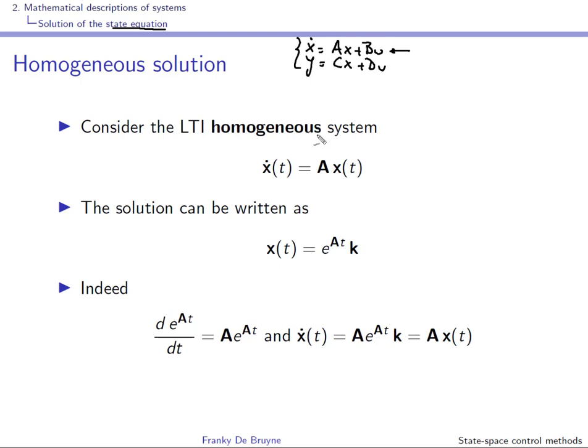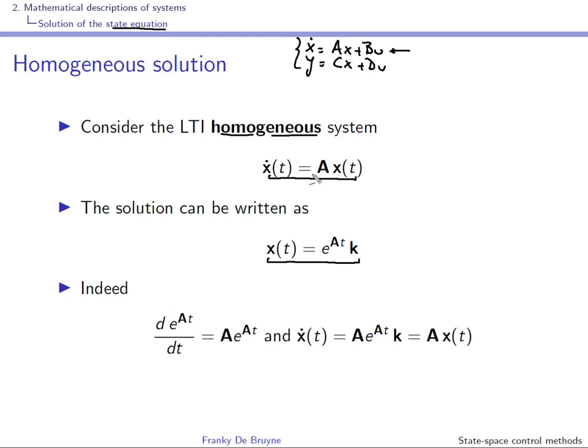We'll take the homogeneous system here, x dot is equal to Ax, which means that we consider that the input is 0. And well, you have seen this, but for simpler systems the solution can be written in terms of the exponential of this element.